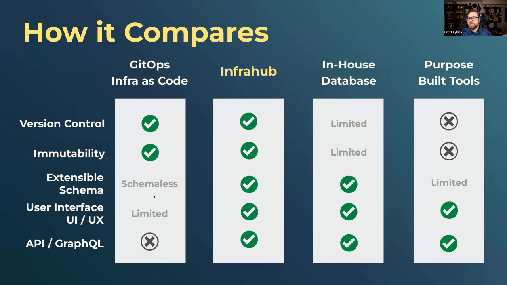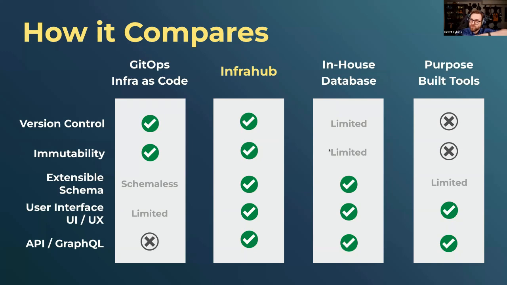But you have to create your schema. You have to tell it how this functions, what it does. There are frameworks that people use, but there's nothing out of the box that you could put anything you want into Git. And the interface itself is geared towards code, not towards infrastructure operations. So it comes with some lacking things there.